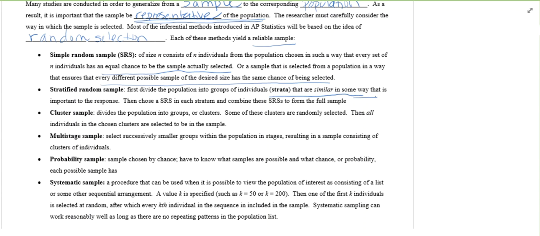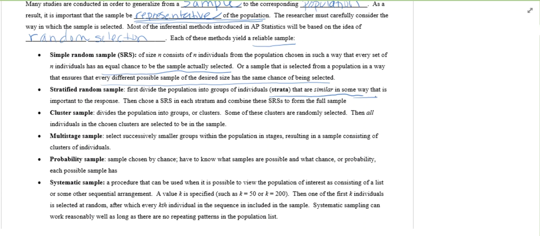Okay, example, stratified random sample. So if we have our class of AP Statistics, say I want to select a sample of 5 girls and 3 boys. My strata are the girls. Okay, so the strata are similar. I'm putting people who have similar characteristics, girls, together. And then I'm going to randomly select of the, whatever we have, 15 girls in the class, I'm going to select 5.